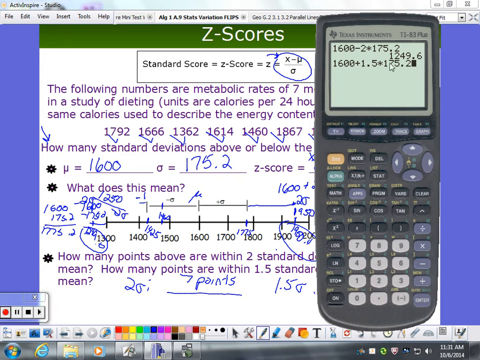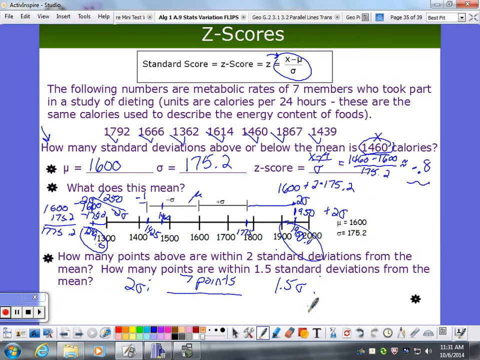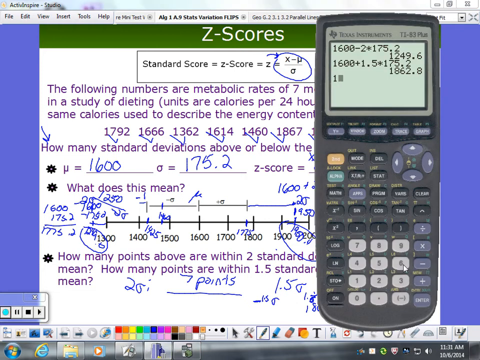So 1.5 times your standard deviation value, add that to 1600, 1862.8. So that's 1.5 above. And then I want to see minus 1.5 below. So I'm going to do 1600 minus 1.5 standard deviations. That's like 1337.2, is that what you got?